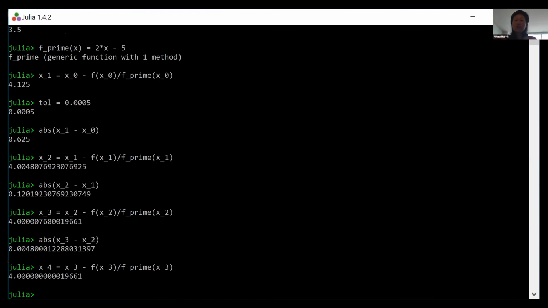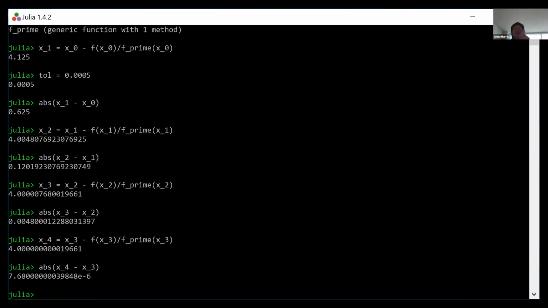So let's do it: absolute value of x4 minus x3. Yes, now I can stop, because the difference between the fourth iteration and the third iteration is 0.000007, which is less than my tolerance. So I can stop now.